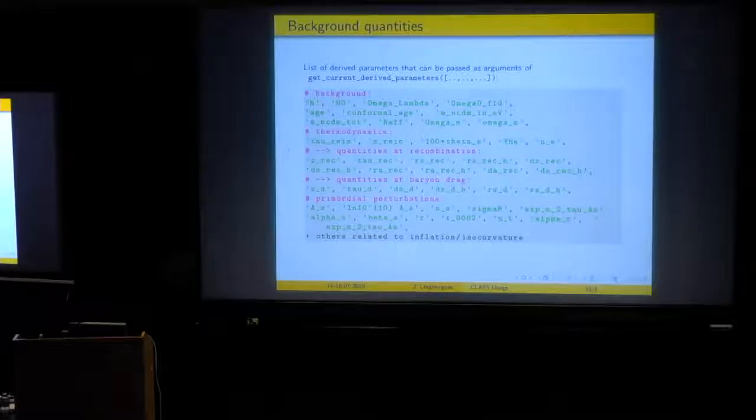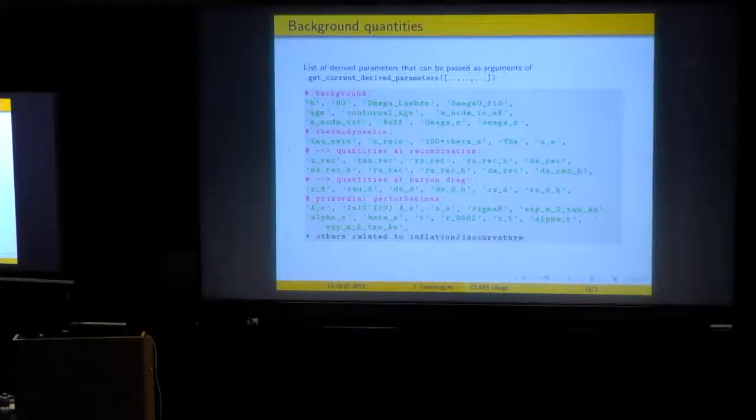Okay, and then also you have quantities which are calculated at recombination, like the redshift of recombination, the conformal time at recombination, the sound horizon at recombination, the angular distance at recombination. What you should know is that every time that you see a variable starting by r, it's a comoving distance, and by d, it's a physical distance.